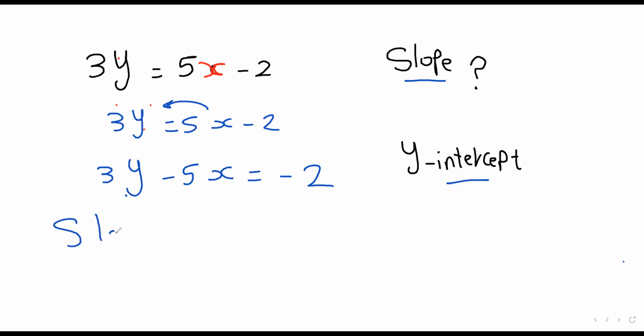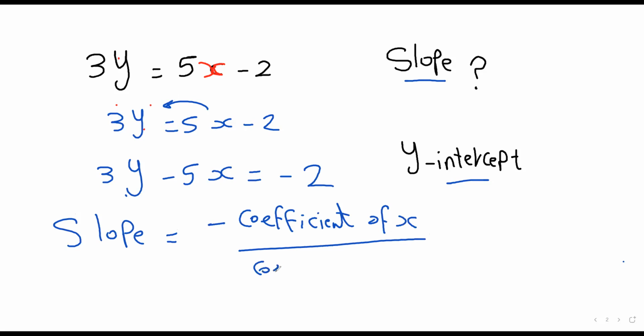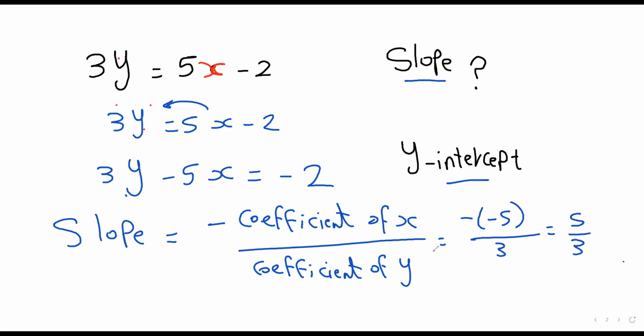Then to get the slope, you find the negative coefficient of x over the coefficient of y. So it will be negative negative 5 over 3, which is 5 over 3.